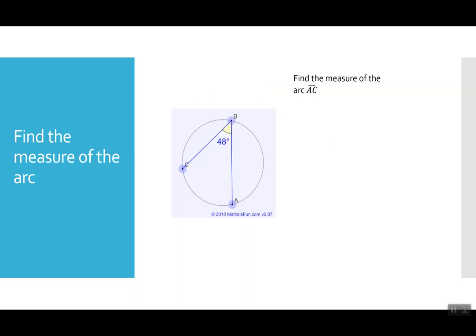Let's try that again. I have an inscribed angle, CBA, that is 48 degrees, and I want to find the measure of arc AC. To find AC, I'm going to do 2 times 48, which is 96 degrees.